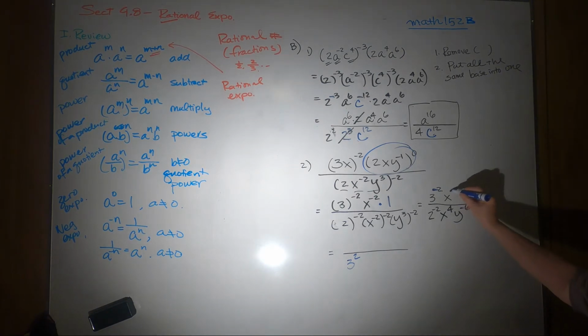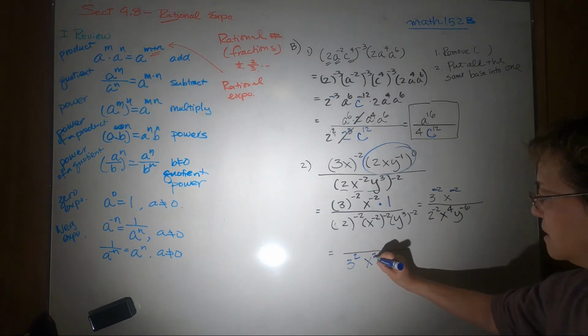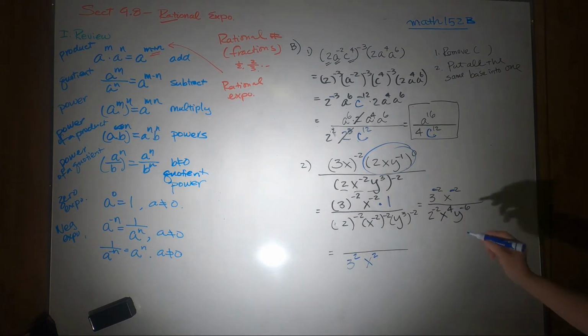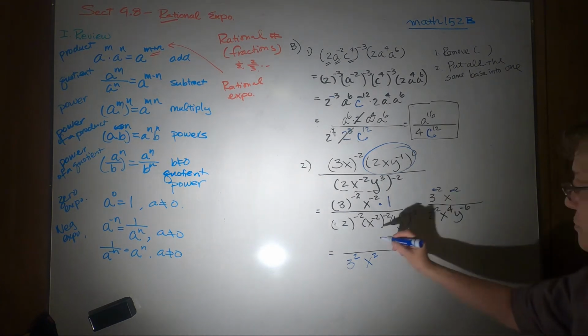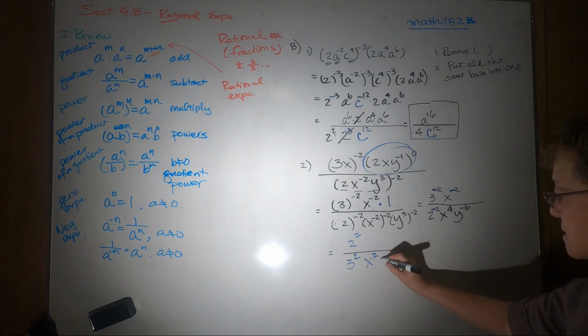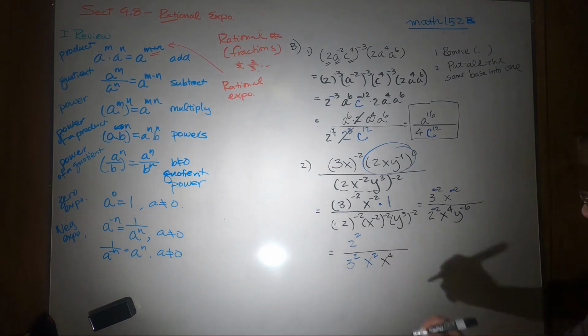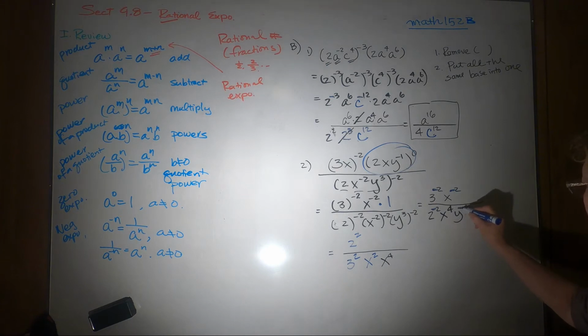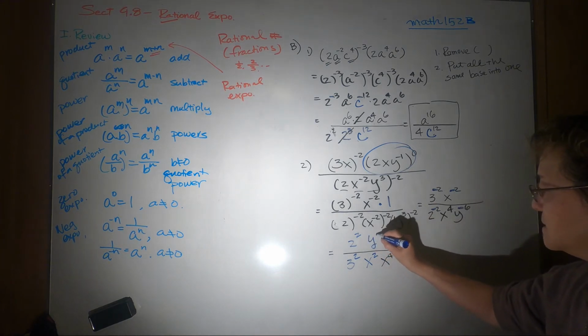This one, x to the negative 2, becomes what? X squared, right? And this 2 to the negative 2, so 2 squared on the top. And this x to the fourth, not a negative power, so it stays where it is. Then this one, y to the negative 6 will be y to the 6, right?